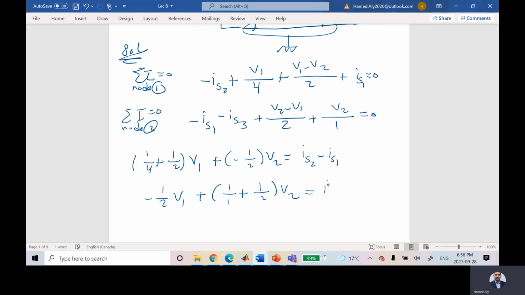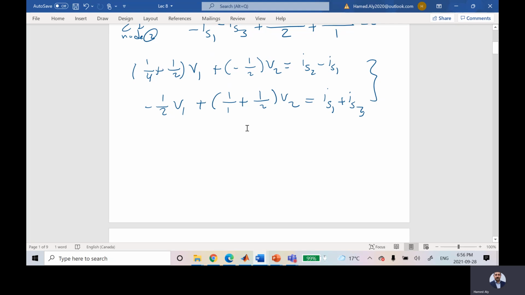So this will be equal to IS1 plus IS3. Any question for those equations? This one, yes, it is IS3. Yes, because here it is IS3. Thank you.